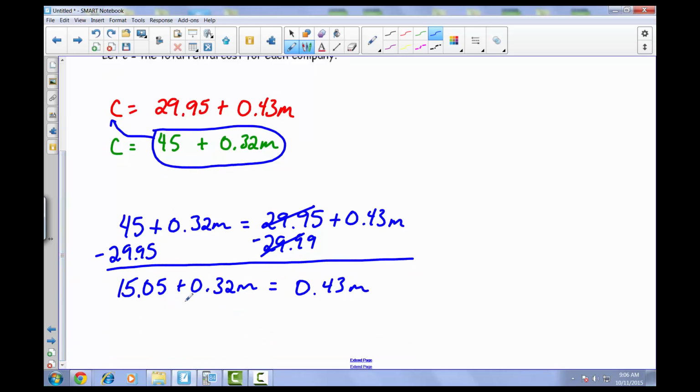And now just subtracting over this 0.32 M on both sides to get all the M's on the other.